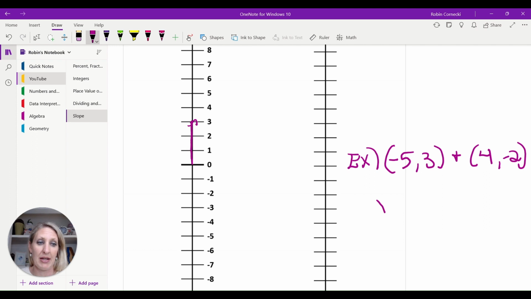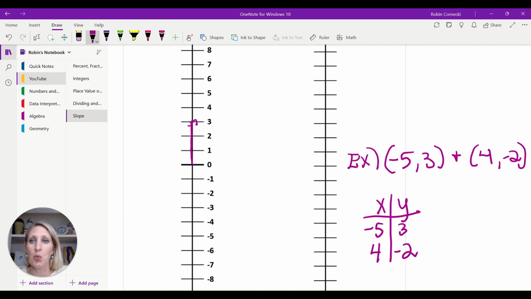I'm going to make my t-chart: -5, 3, 4, -2. I look at my vertical change from 3 to -2. That means I'm going down 5 units, 1, 2, 3, 4, 5, so I'm going to write -5.